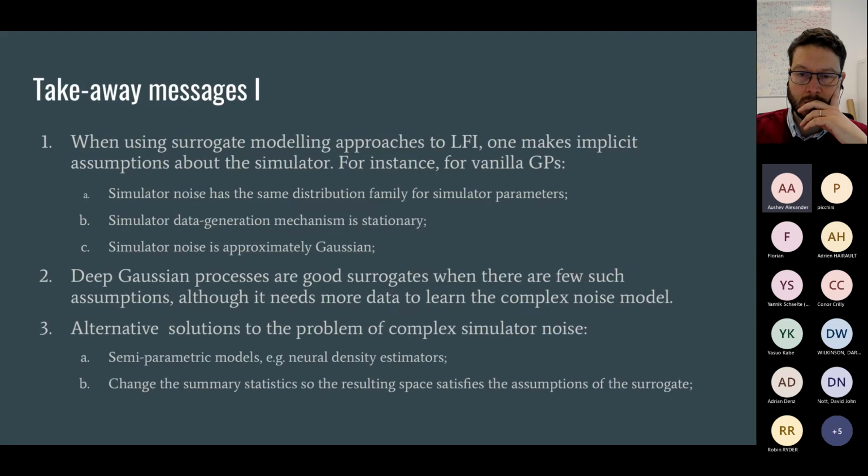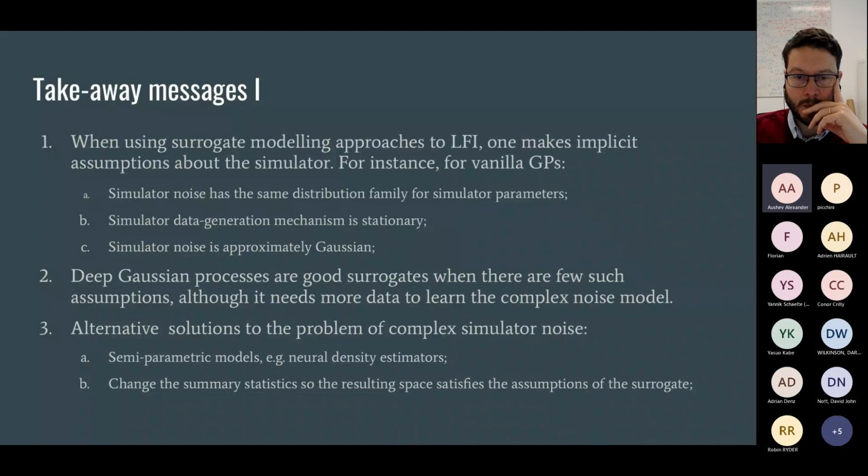And some of the alternative solutions to the problem of complex simulator noise is to use some semi-parametric models, for instance, neural density estimators, or if the setting allows it, we can use some amortized inference approaches if we know that we will be using the same simulator with multiple observations.